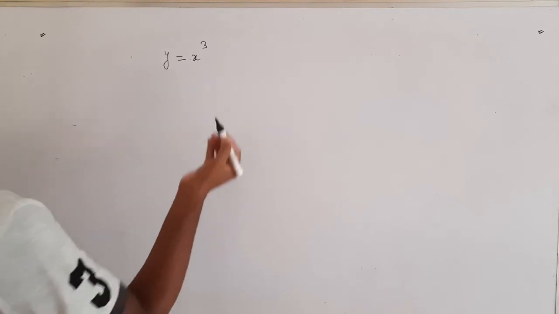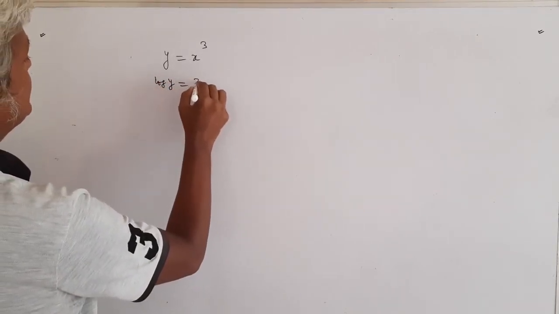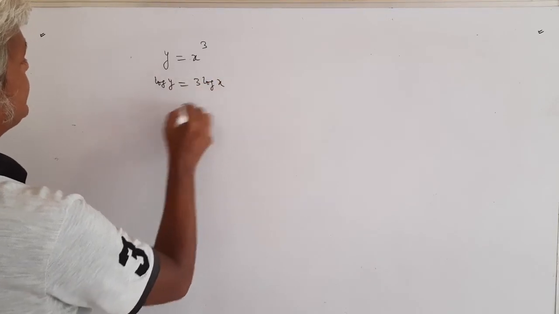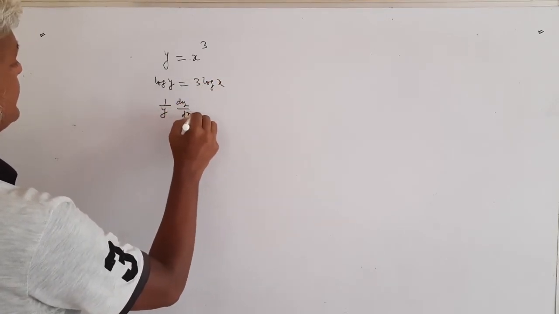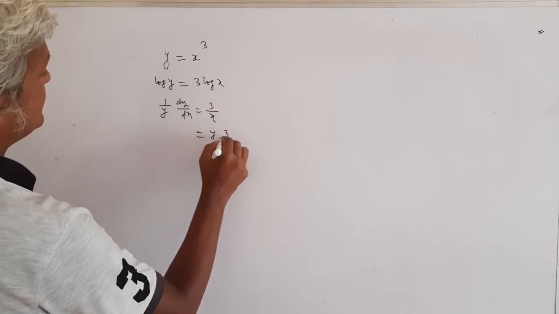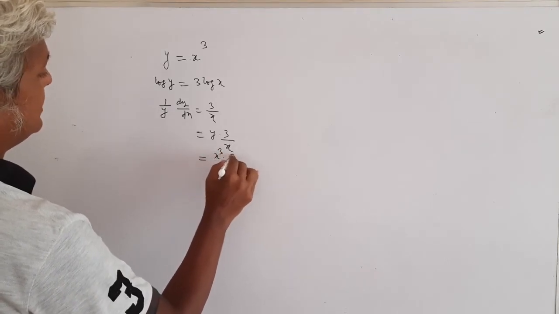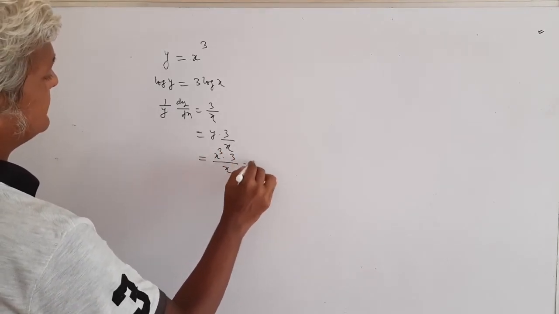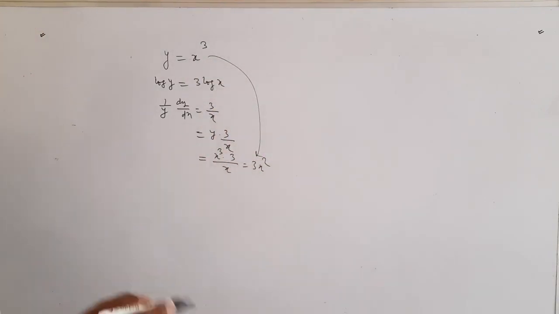If I take log here, then log y is 3 log x, then 1 by y dy by dx equals 3 over x, then y comes here, 3y over x, then y is x cubed into 3 by x, this gives you 3x square. That is the formula directly. So you can use log anyway.